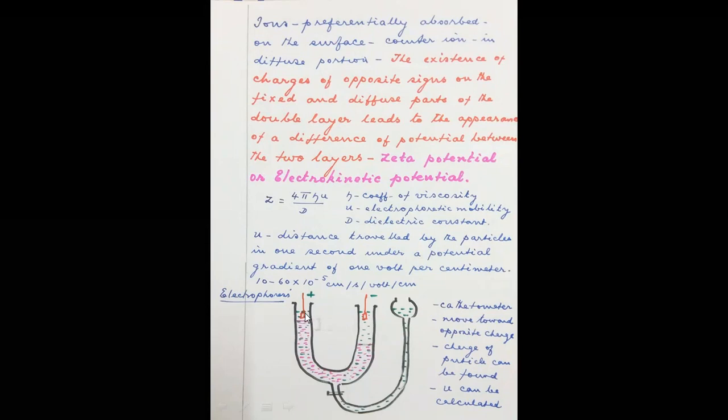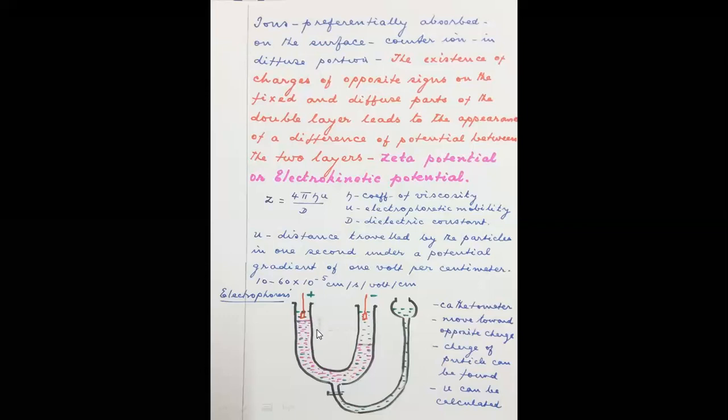But because of the electrical influence, the colloidal particles have moved more towards the positive electrode. It has almost come here, because the colloidal particles are negatively charged. Originally it was here, and now it is here.